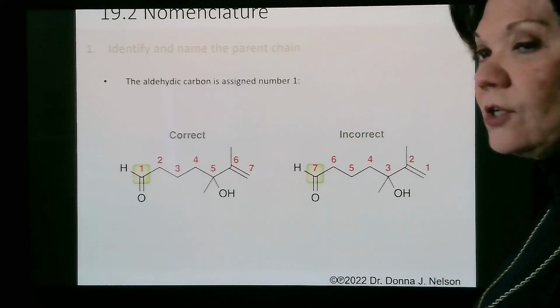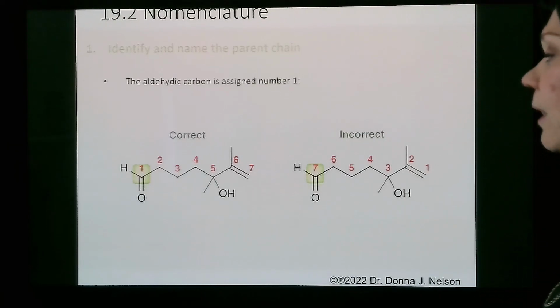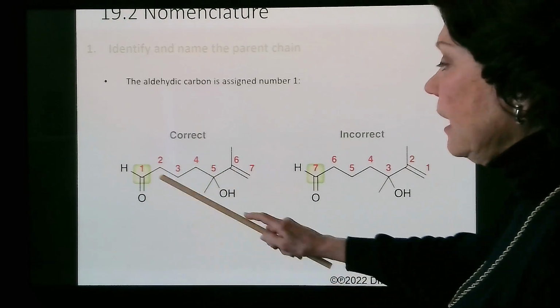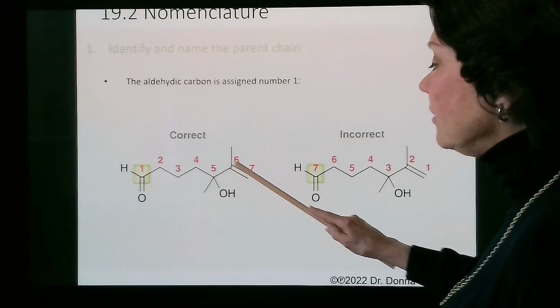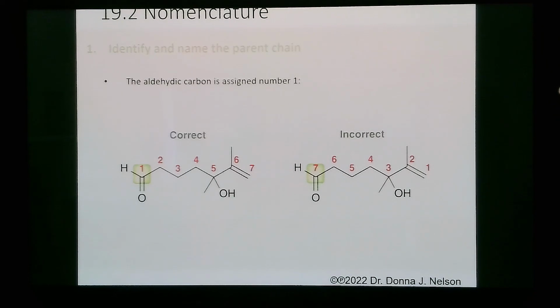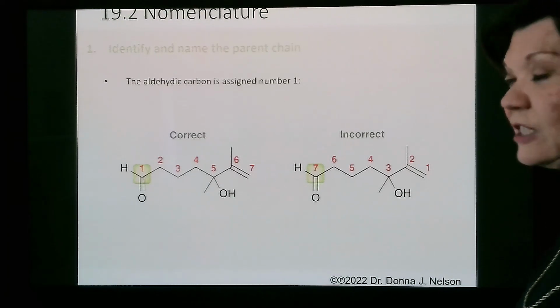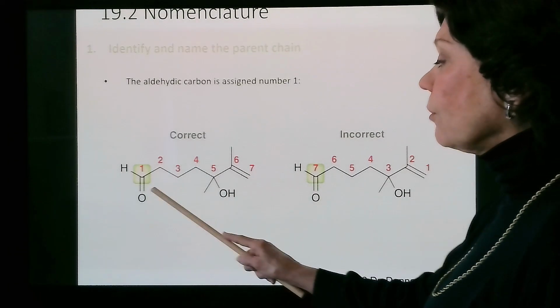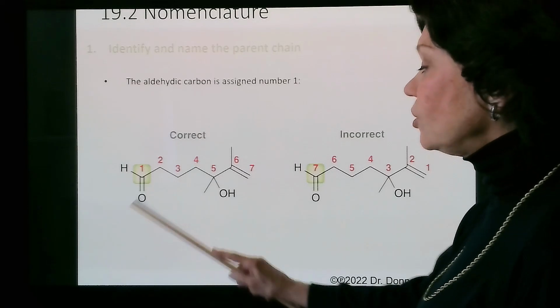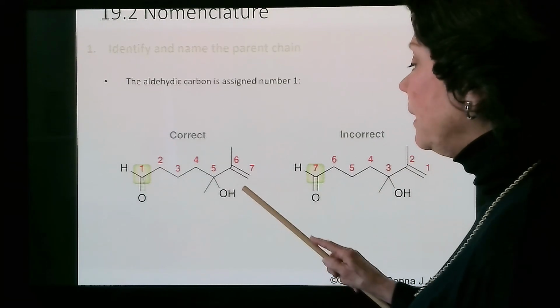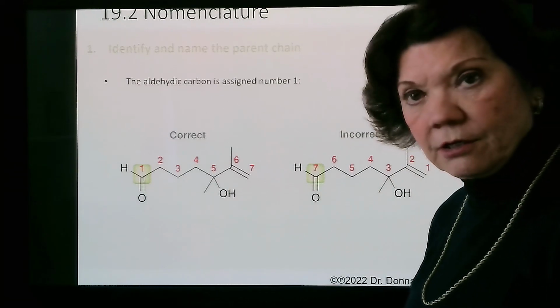Now, here is an interesting example. This example has 3 functional groups. You can number down the alkyl chain either from the left side, 1, 2, 3, 4, 5, 6, 7, or from the right, 1, 2, 3, 4, 5, 6, 7. And so one must determine which of these functional groups has the highest priority. Is it the alkene, the alcohol, or the aldehyde? The aldehyde is the highest priority functional group. The second highest priority functional group is the alcohol, but that doesn't matter here.